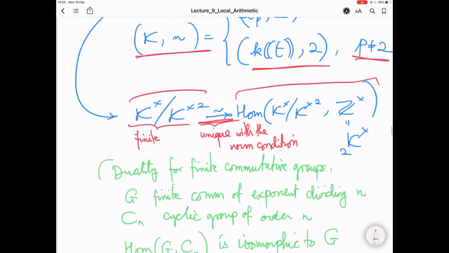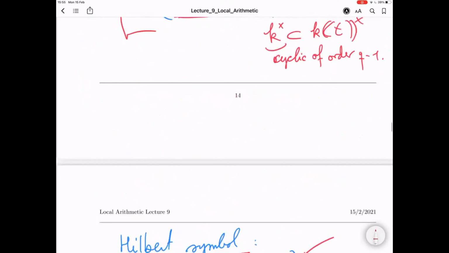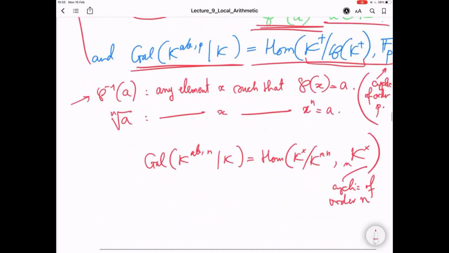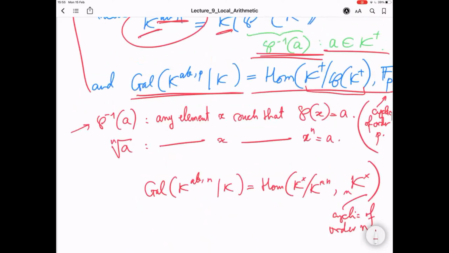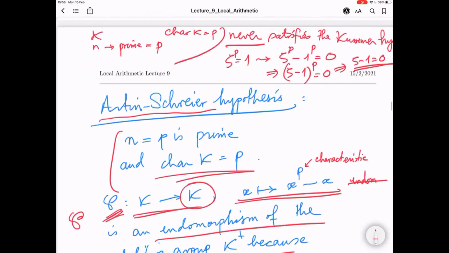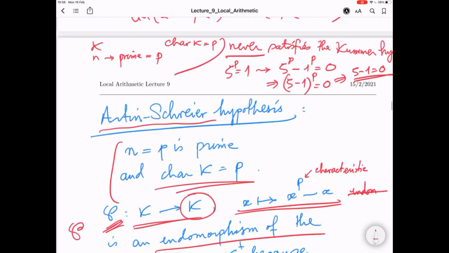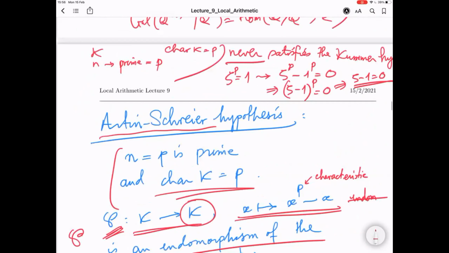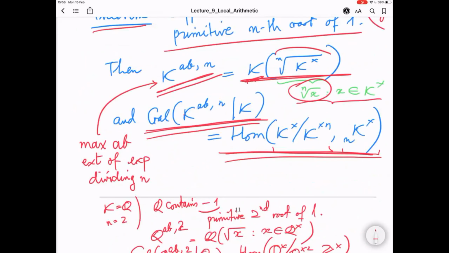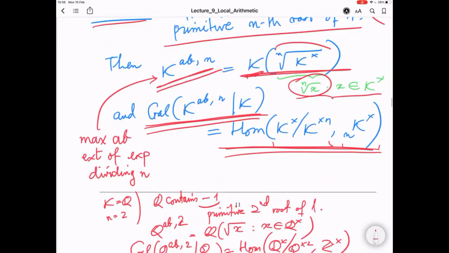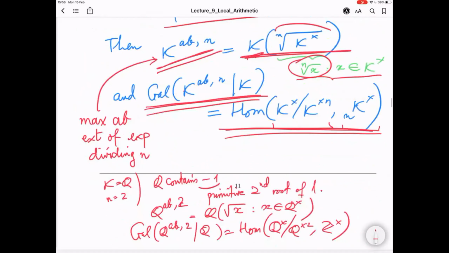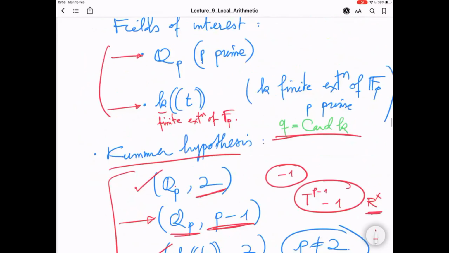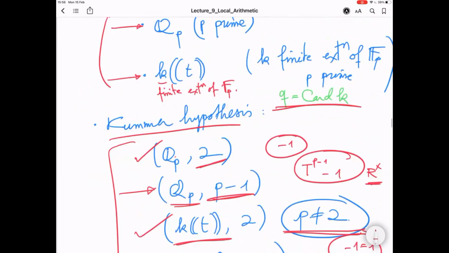Because in Kummer theory, this is the group which turns out to be the Galois group of the maximal abelian extension of exponent dividing n. So here n is 2. And therefore this is the group which we would like to determine.